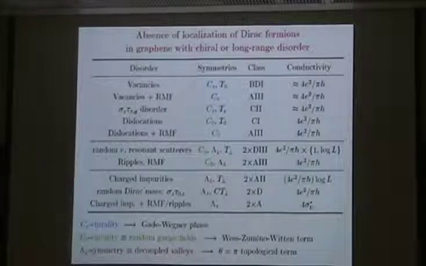Because it doesn't matter whether it goes to plus infinity or minus infinity, you simply decouple the site. What do you do with the A and B sublattice? You keep the chiral symmetry? It doesn't matter. Chiral symmetry means that you can only go from A to B and never go from A to A. It means that your Hamiltonian is block off-diagonal. So it doesn't matter whether you take a vacancy from A or from B. If you just have vacancies, you preserve chiral symmetry.